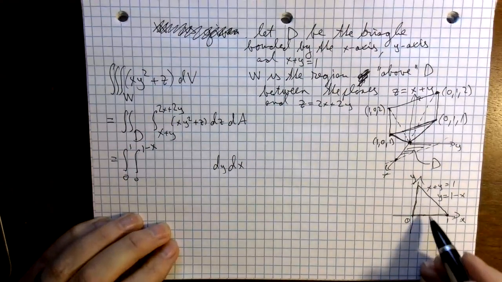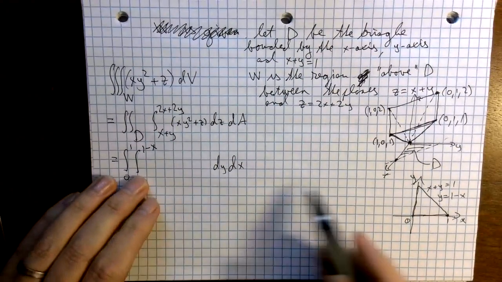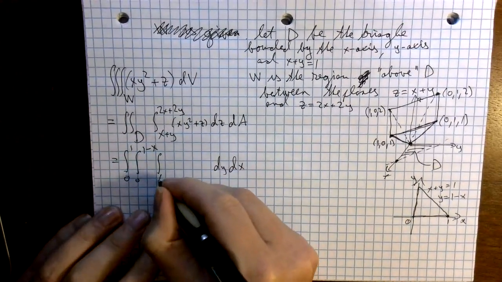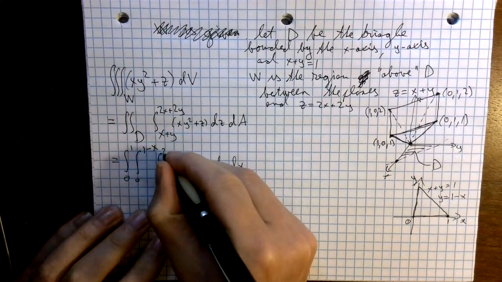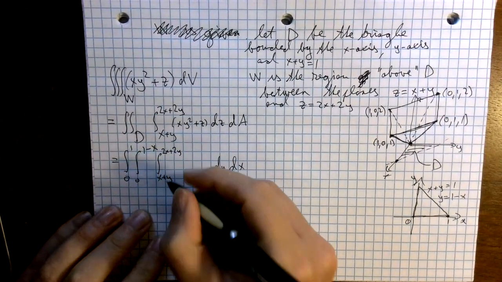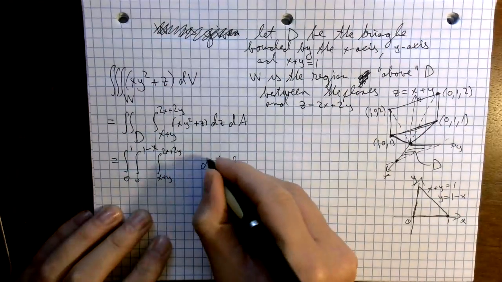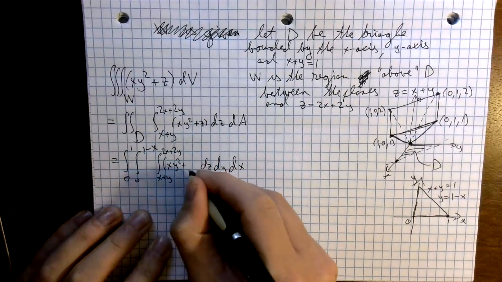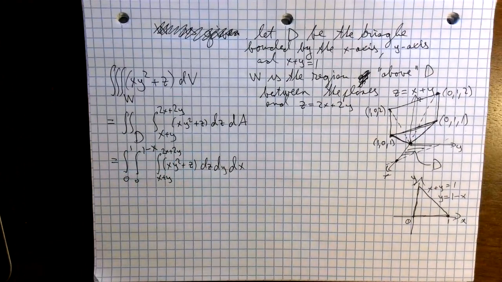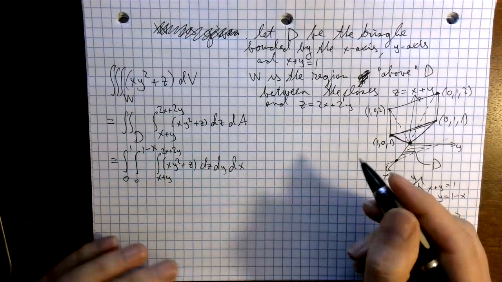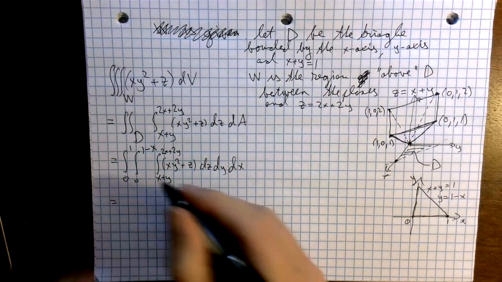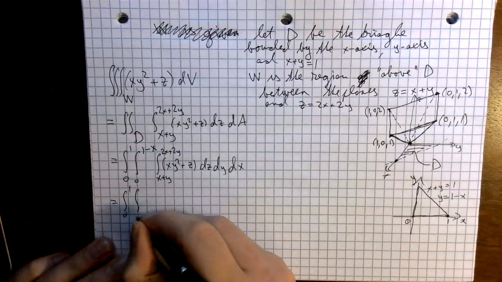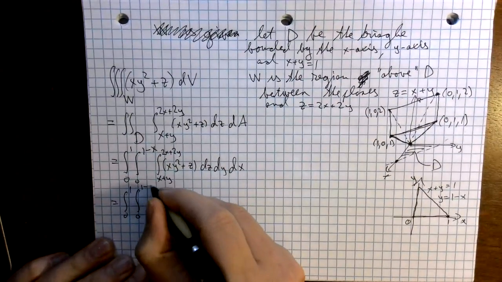So that's going to give me the integral over D, and then I just put in what this integral over z is, right? It's dz. I have x y squared plus z. All right, and now we integrate. So let's do this.